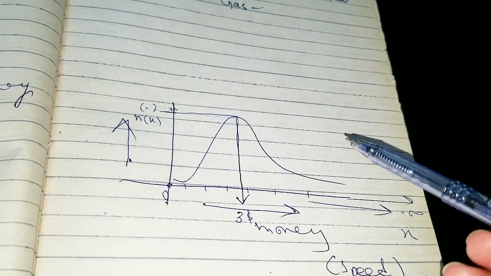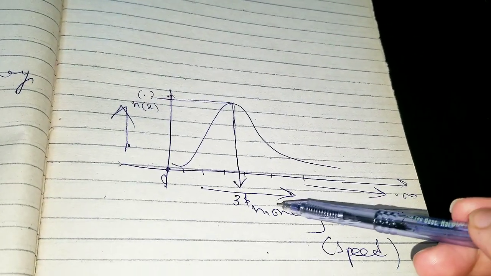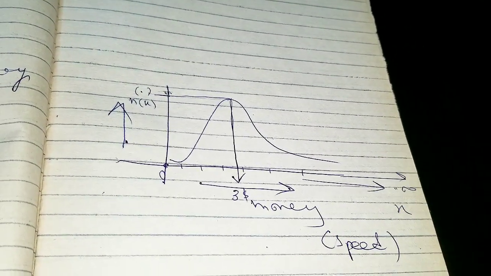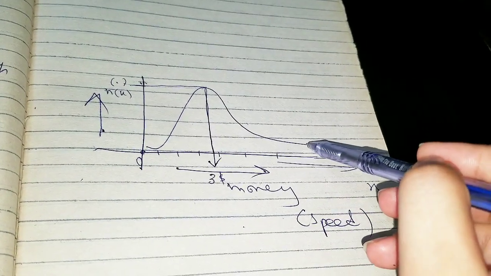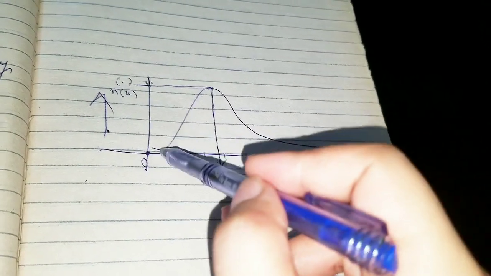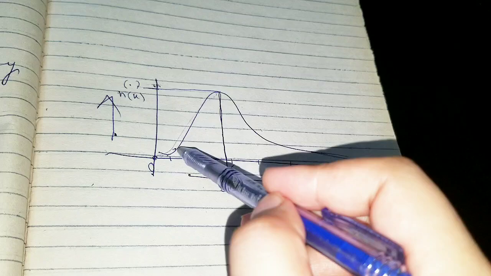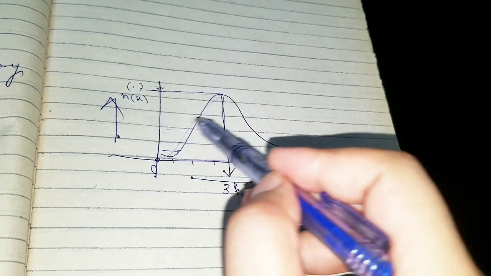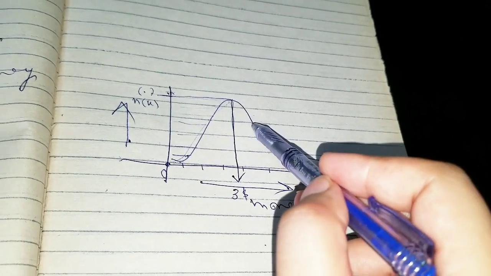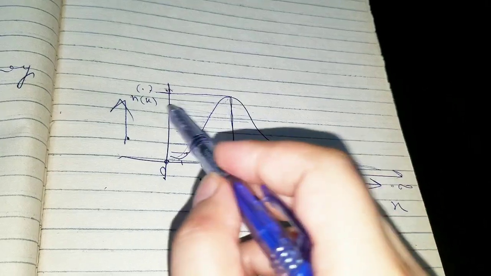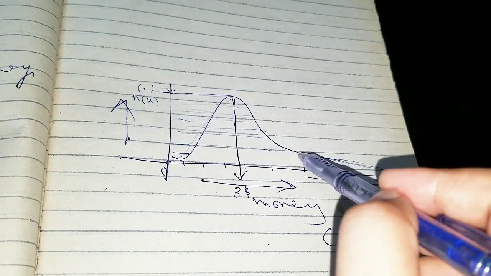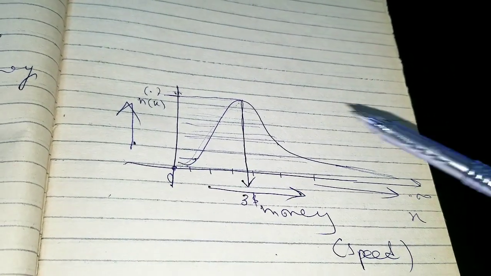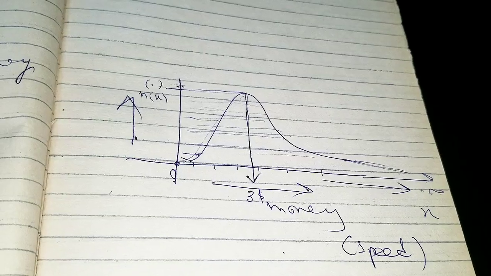Most of the members, let's say, will get $3 as property, and fewer of them will get higher money. You can see what number of particles will get what amount of money, and you can replace it with the concept of what number of particles will have which speed, or which energy they would have.